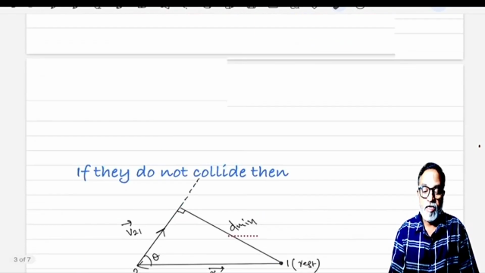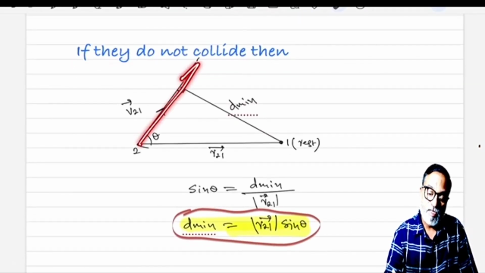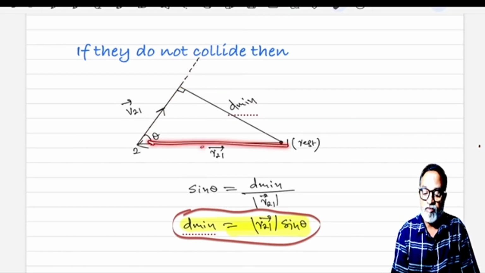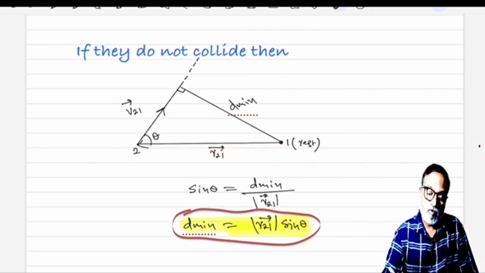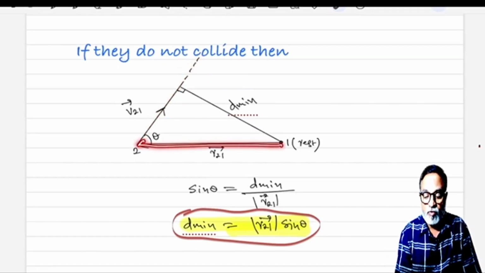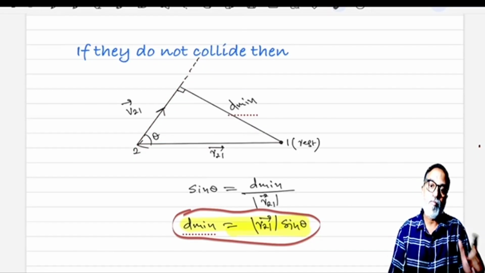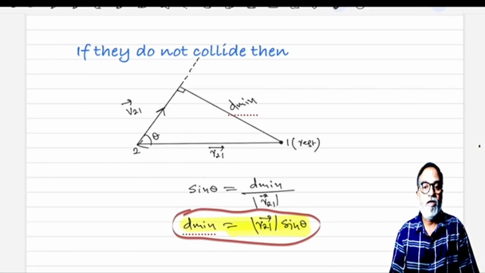If they do not collide, it means the velocity vector is not in the direction of the position vector. Therefore, particle 2 with respect to 1 is moving in this direction, and this is the position vector of 2 with respect to 1. The two are not along the same line. In that case, there is no collision.